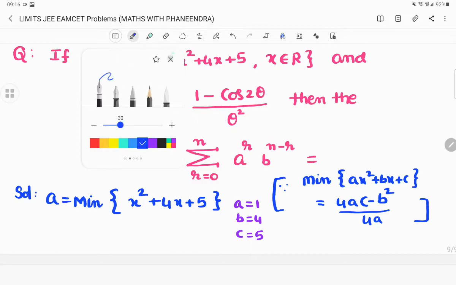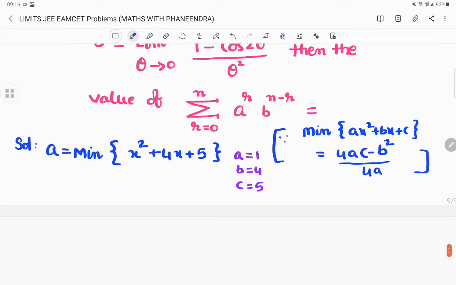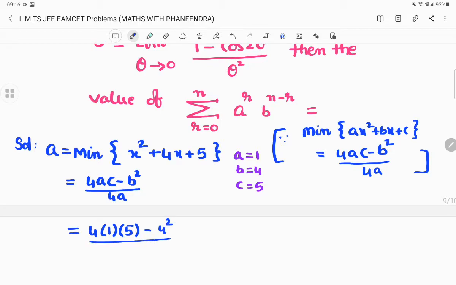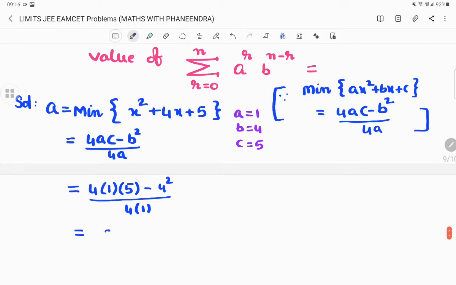Substitute in the formula: 4ac minus b square by 4a, which is equal to 4 into a value 1, c value 5 minus b square, that means 4 square, by 4 into 1, which is equal to 20 minus 16 divided by 4, which is equal to 4 by 4, which is equal to 1. Therefore the value of a is equal to 1.